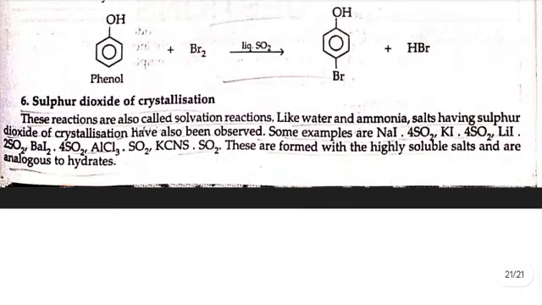Sulfur dioxide of crystallization. These reactions are also called solvation reactions. Like water and ammonia, salts having sulfur dioxide of recrystallization have also been observed. Some examples are NaI.4SO2, KI.4SO2, LiI.2SO2, BaI2.4SO2, AlCl3.SO2, KCNS.SO2.